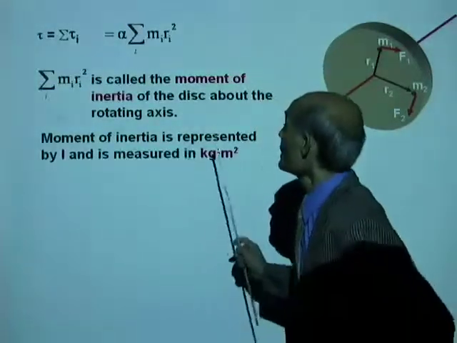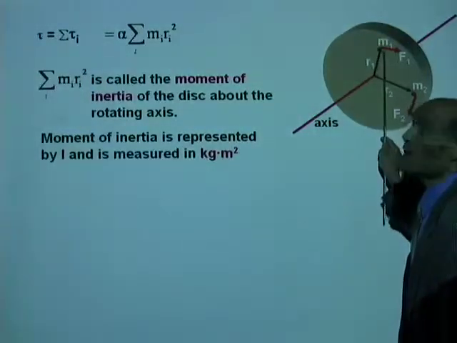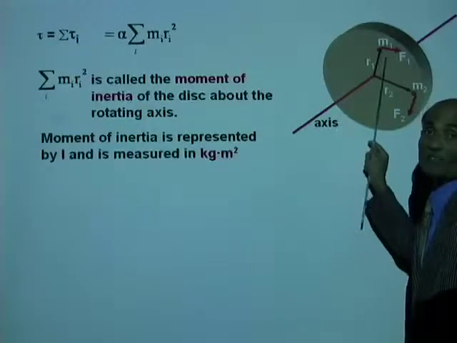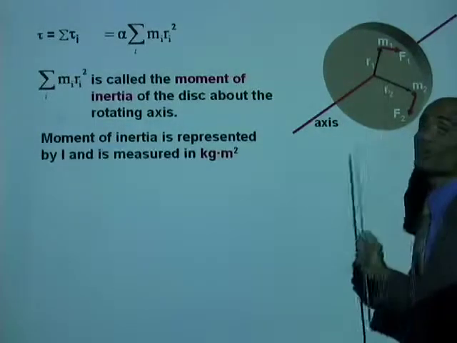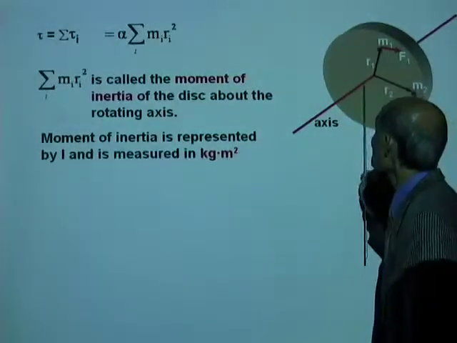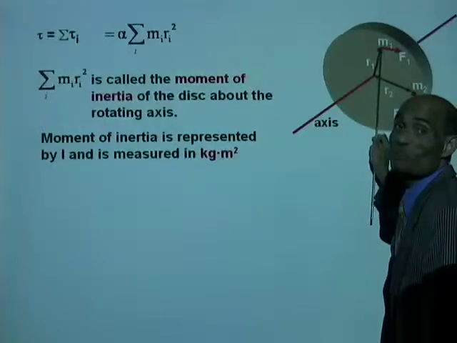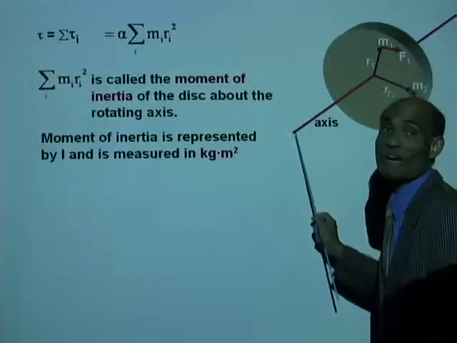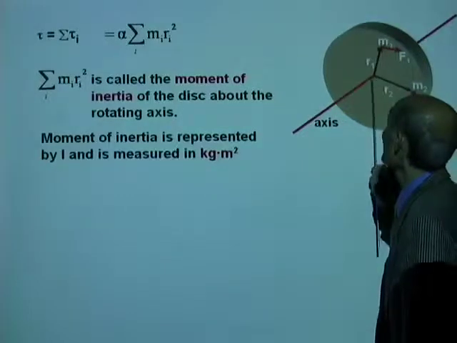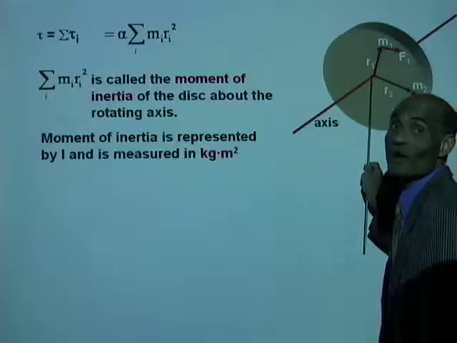So, let me ask you, if a point particle m1 is rotating about an axis, what is the moment of inertia of this particle about that axis? The moment of inertia of this particle about this axis is m1 r1 squared.